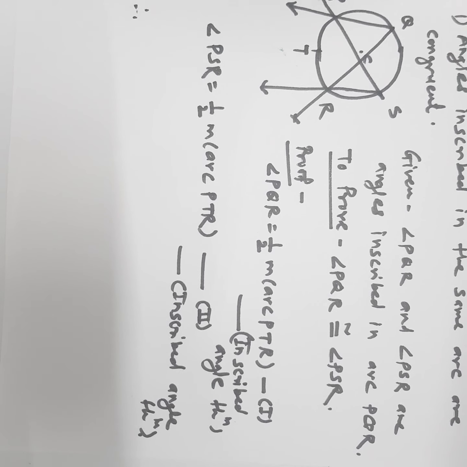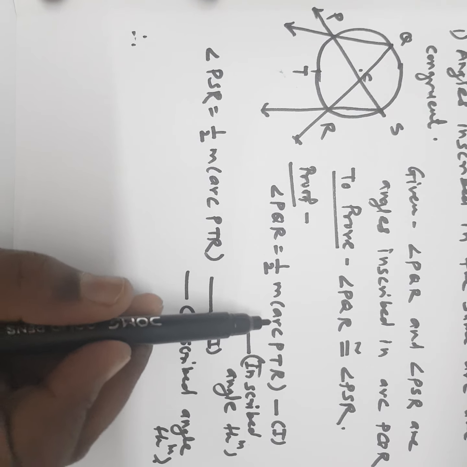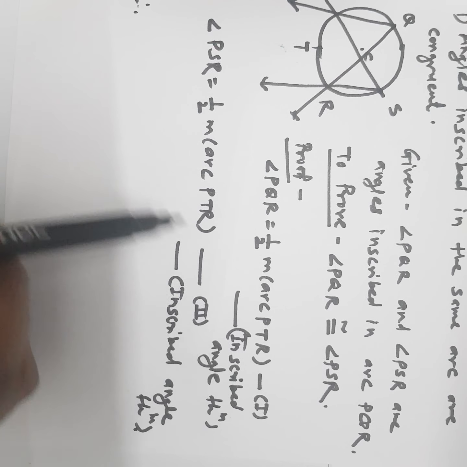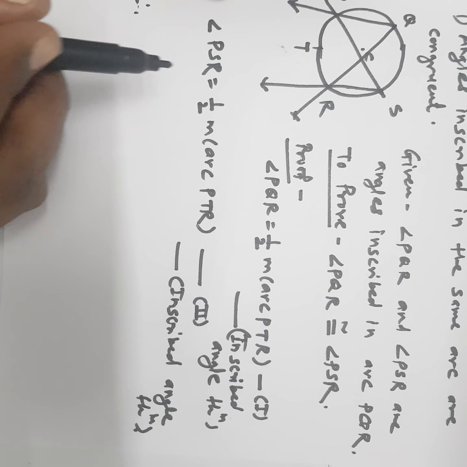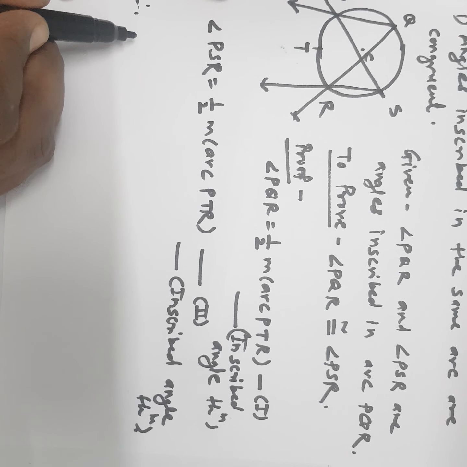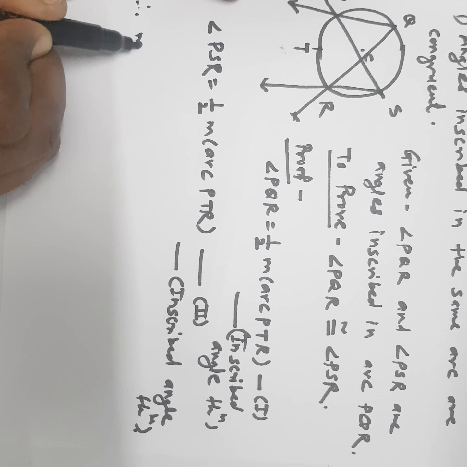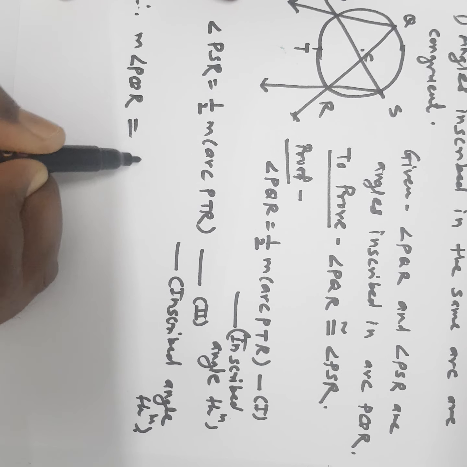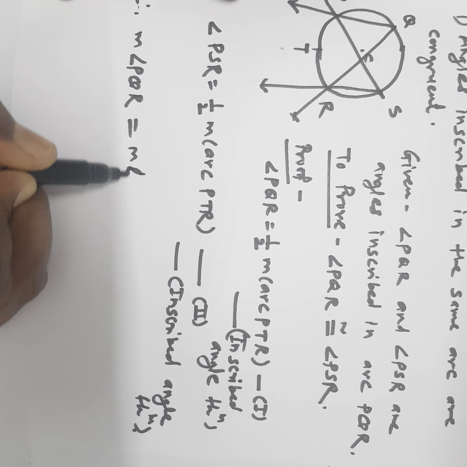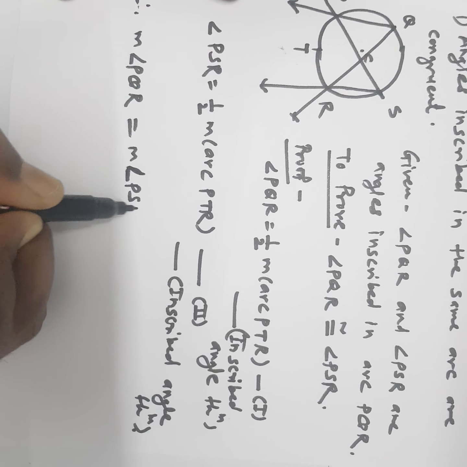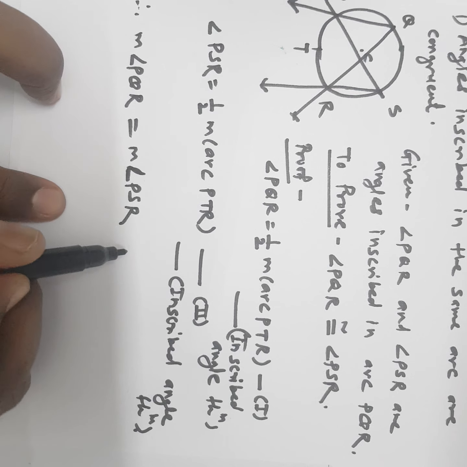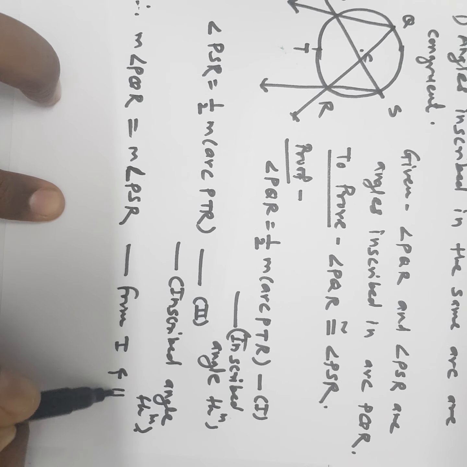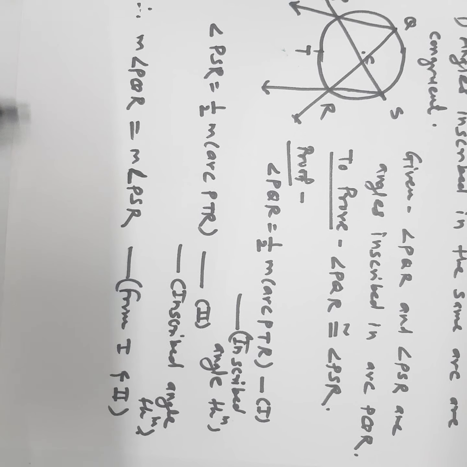Therefore, from equations 1 and 2, their right hand sides are equal, therefore the left hand sides must also be equal. Therefore, the measure of angle PQR is equal to the measure of angle PSR, from the first and second.